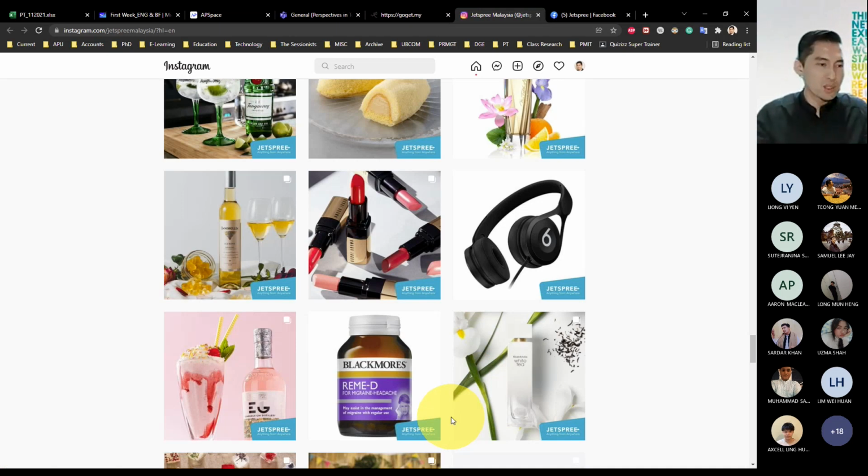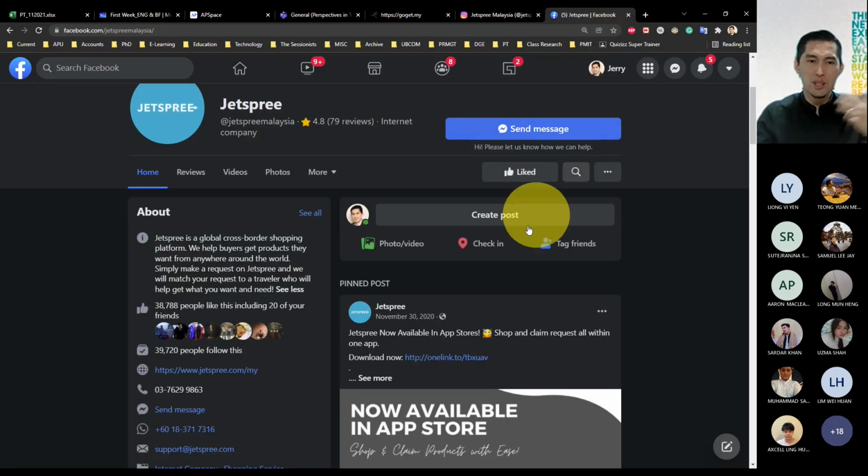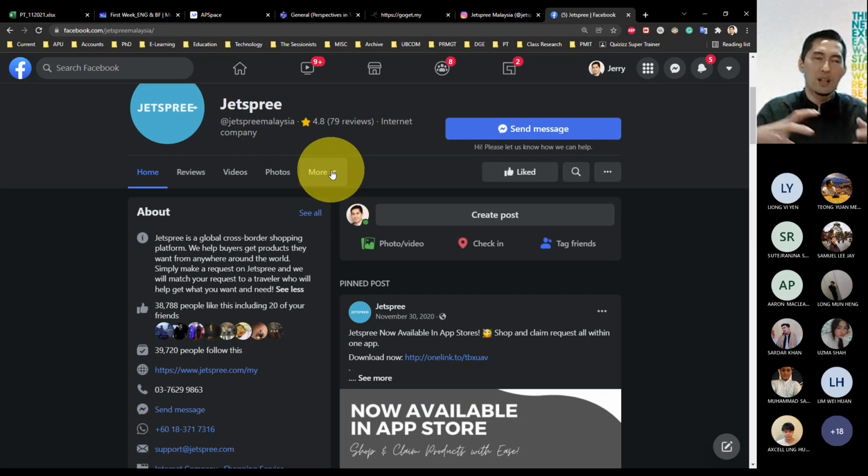Even here in Malaysia, you can't simply buy something that you want that easily online. So what you can do is go to Jetspree and post that you're looking for this specific limited edition KitKat from Japan, for example. Someone who is traveling back from Japan will see the request and decide whether they want to take it up or not.